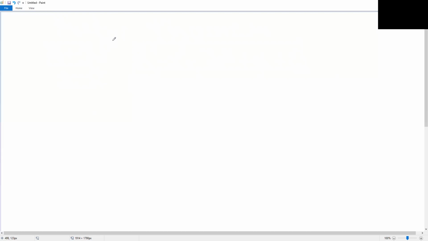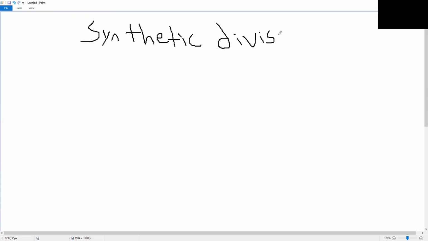With synthetic division, we can find the... let me just write synthetic division. Hopefully you're keeping this separate in your notes so you can go back and look it up if you need it.